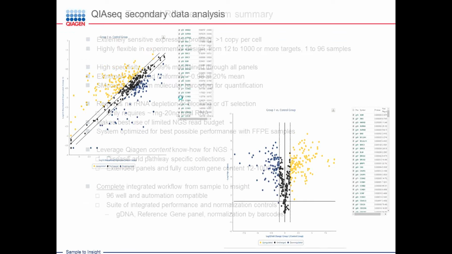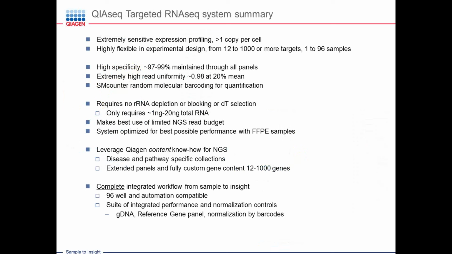So I just want to wrap up a little bit here and say what we're getting out of this system, this turnkey system, is sensitive and targeted expression profiling for you at less than 1 copy per cell.